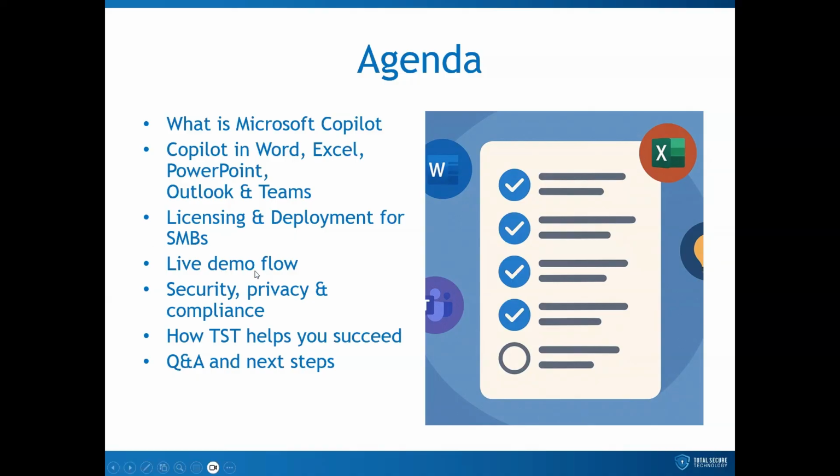We'll do live demos as we're going through here today. And we'll talk about the security and privacy compliances. And then we'll also talk about some Copilot licensing, how you can activate the Copilot features. And then how TST can help you succeed, and we'll cover some questions.